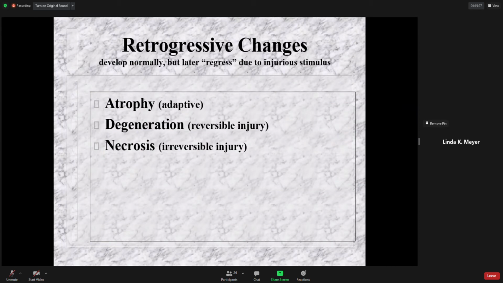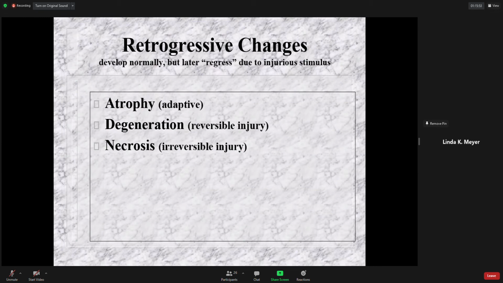Okay, let's go next to the group that's classified as retrogressive. So these are host responses where the tissue, organ, or body part develops normally, but it's said to regress because of the injurious stimulus.